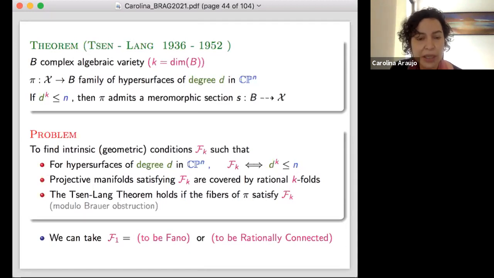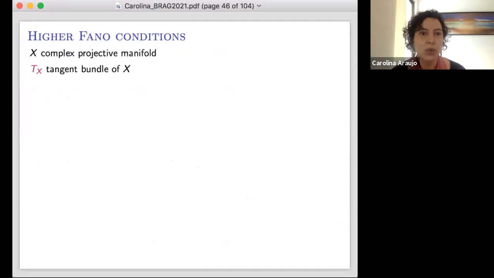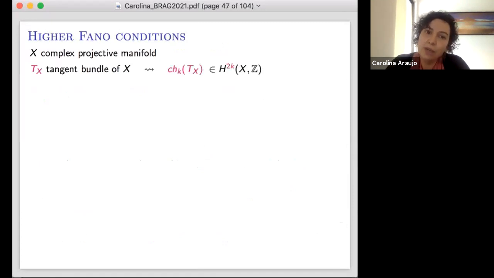Okay, so let me start by looking at the case k equals 2. And in general, I will propose a condition that could be Fk. So again, we are going to look at the tangent bundle of a complex projective manifold. And instead of looking at just the first Chern class, we look at the kth Chern character of the tangent bundle.